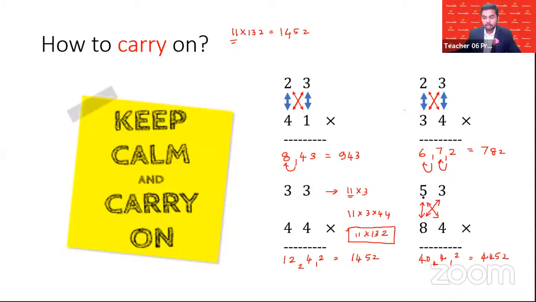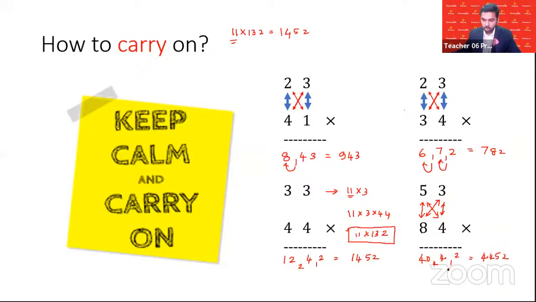Now add 20 plus 24 to get 44. But 44, we are going to write it as 4 in the subscript and the units place 4 in the normal place. And the last step is to do 3 times 4, which is 12. 12 also is written differently, 1 in the subscript, 2 in the normal place.